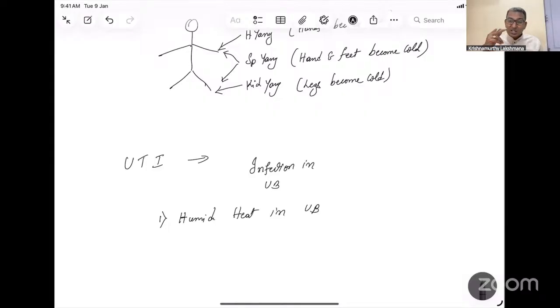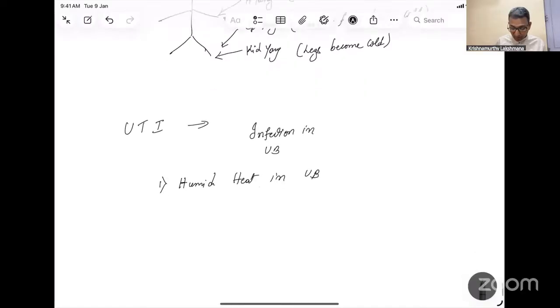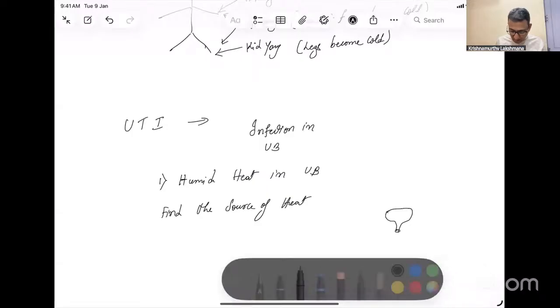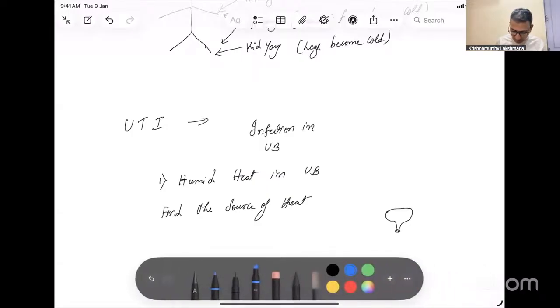If this doesn't work, your work will increase. So now, if that doesn't work, you have to find the source of heat, which is creating that and flowing into the UB. So this is your UB, right? And heat is here, and heat is over here.